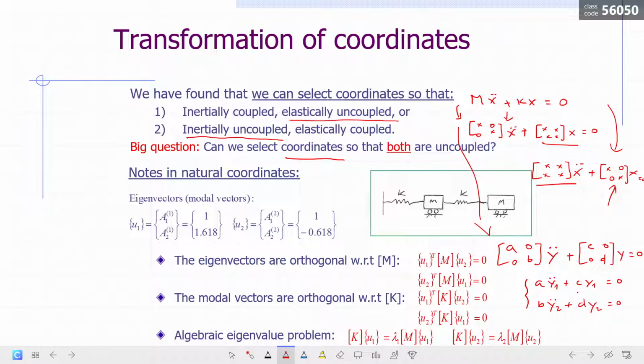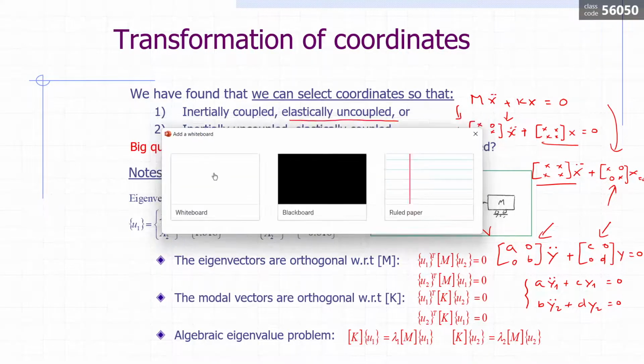So we can solve these two equations independently. That's why we really want to have uncoupled for both the factor of y double dot and y. I give you a hint before we get to see the whole thing.